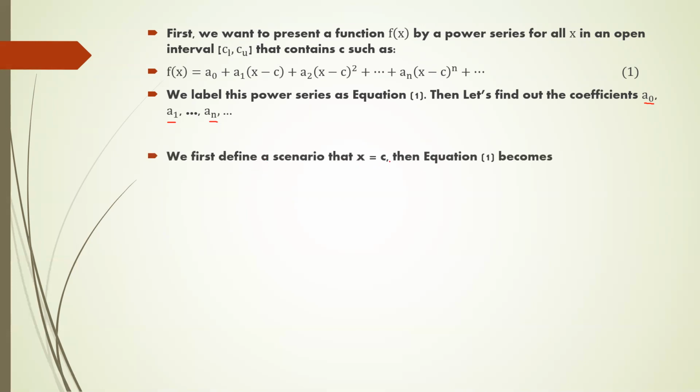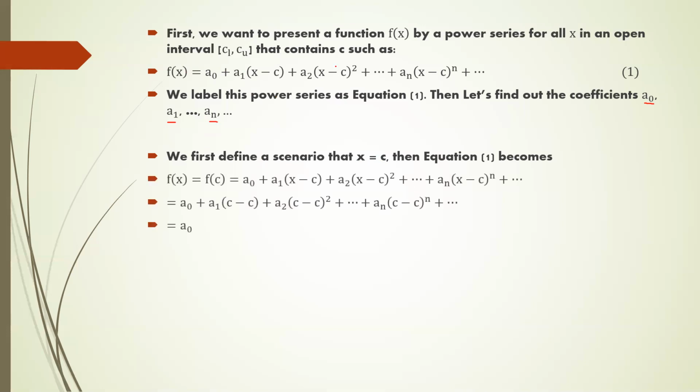In the first step, we're gonna solve this a0 here. How could we do that? We plug x equal to c into equation 1. The left-hand side becomes f(c) here because x equal to c.